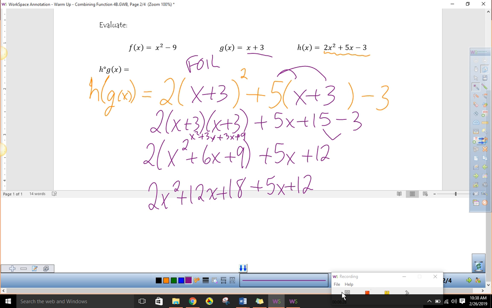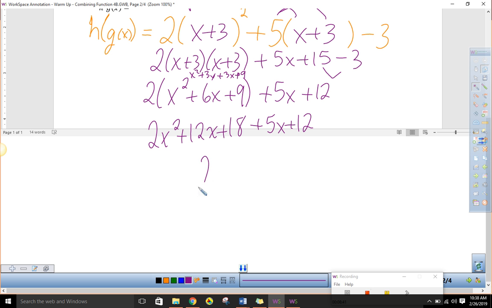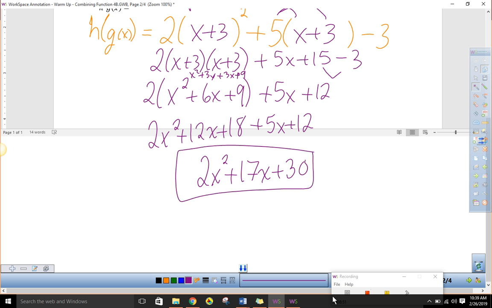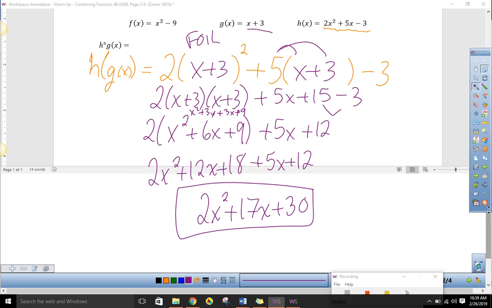It's just like all the other stuff, it's keeping yourself nice and organized. So what's my final answer here? Beautiful. There you go. And we didn't have to plug anything else in for x there, right? No. Always good to double check. So far so good?